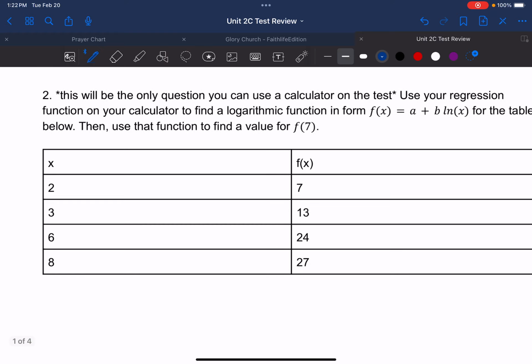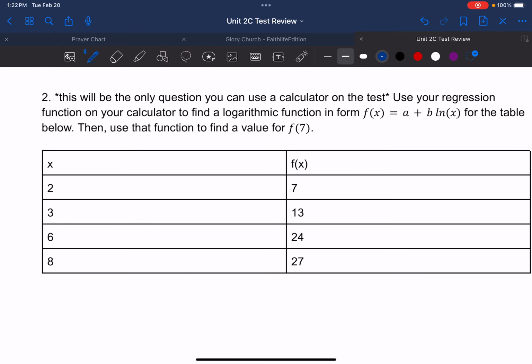So then, as you can see here on number 2, this is the only question you can use a calculator on the test. I'll have a system of how to do this, but for all intents and purposes on this problem, it says use a regression function on your calculator to find a logarithmic function in the form a plus b ln of x, and then use that function to find the value for f of 7. So let's go ahead.